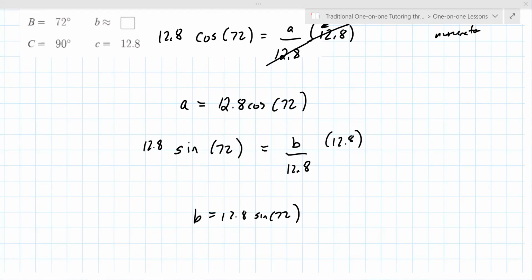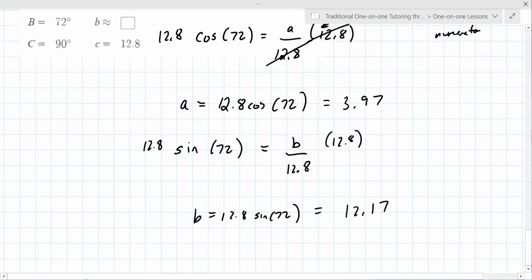So it didn't accept 3.95. Okay. So that's 12.8 cosine 72. Okay. So I get 3.97 on that. I guess it is that sensitive. No. It's not right either. All right, go ahead and share your screen.